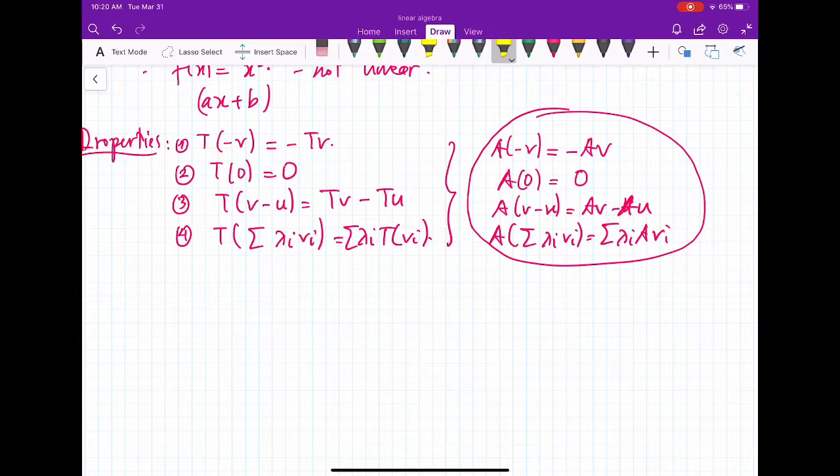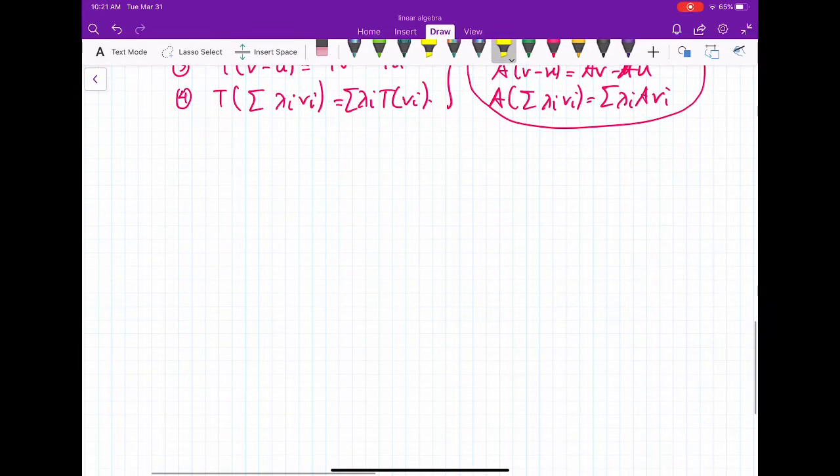You know the image of vectors, and they ask you to find the form of the linear transformation. How about that? Or you may know the image of some vectors, and they ask you to find the image of other vectors based on the information you know. All right? So let's solve such a problem.